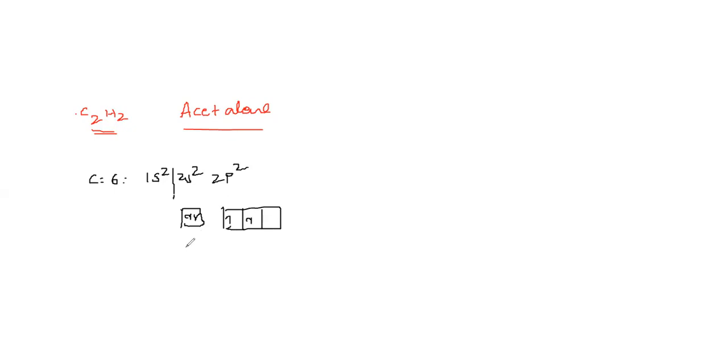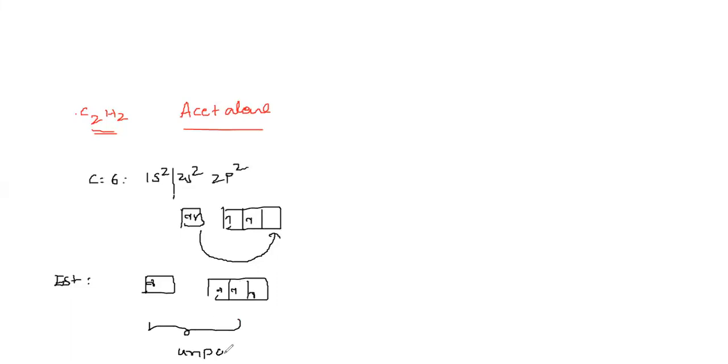In the excited state, this electron jumps here, so that all the orbitals have one electron. Here there are 4 unpaired electrons. So we wrote one electron, two electrons, three, again one electron here. Similarly here one electron, two, three, one electron here.